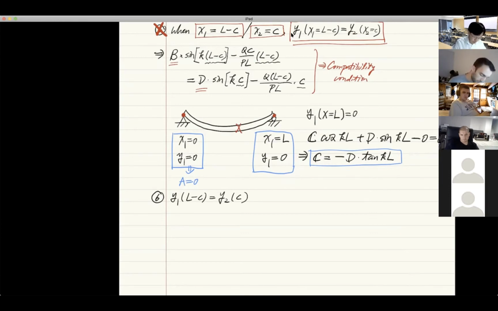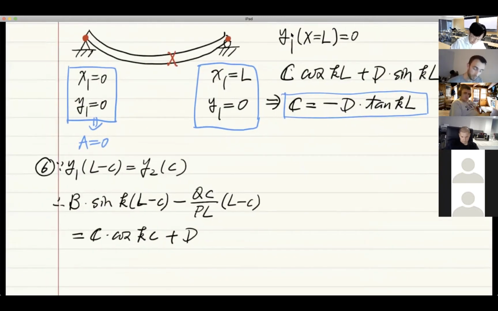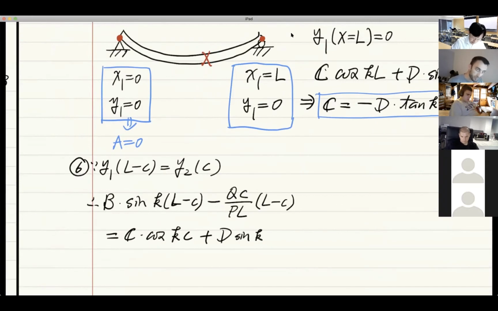And that's where we're going to get this expression. Because this is true, therefore, B times sine K times (L minus c), minus Q times c over PL times (L minus c), must be equal to capital C times cosine Kc plus capital D times sine Kc, minus Q times c over PL times (L minus c). Now, of course, this will cancel out.